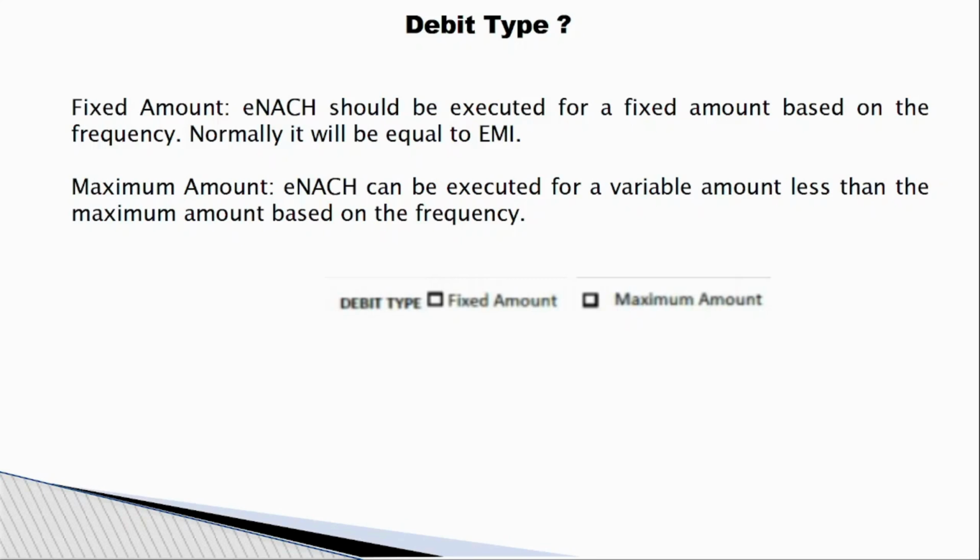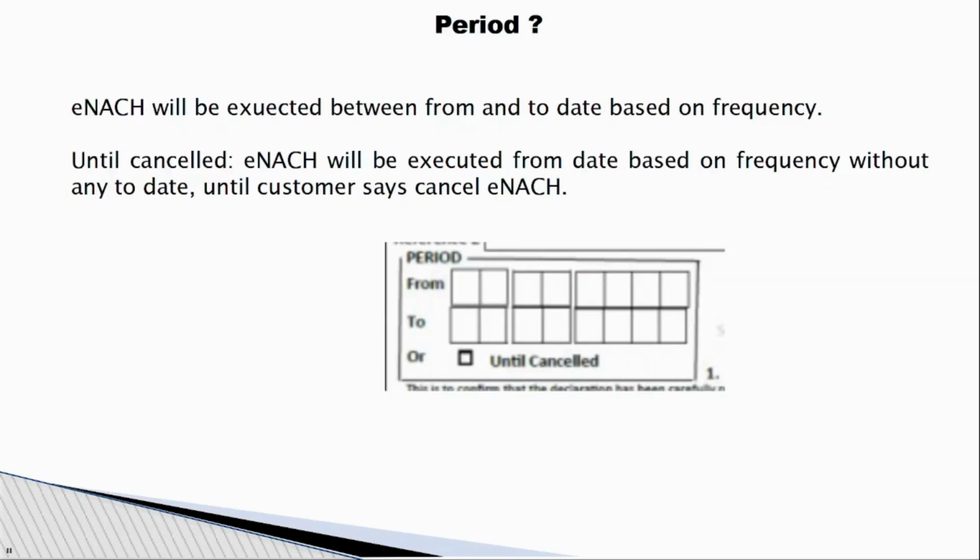If it is a fixed amount, they will collect only the fixed amount. If it fails and you have not paid, you have to transfer the money personally to the lender's account, pay by cash, or give a check to collect the amount and adjust it to the loan EMI.